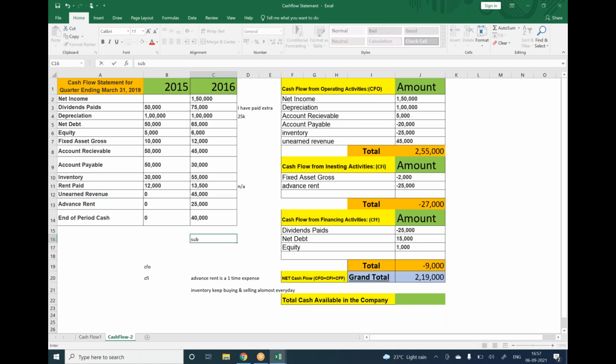Like we saw subscription, right? For 1 year, every month it repeats. Next month again, your unearned revenue will reduce because you have given the service. Probably next month again it will reduce because you have given the service. So it is repetitive in nature. And that's why we have kept unearned revenue under CFO, which can be day-to-day.